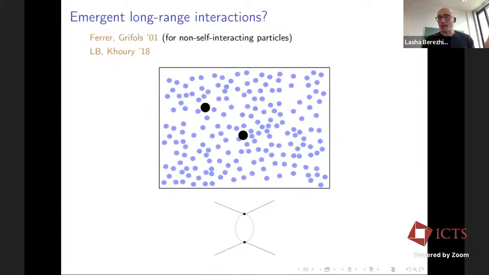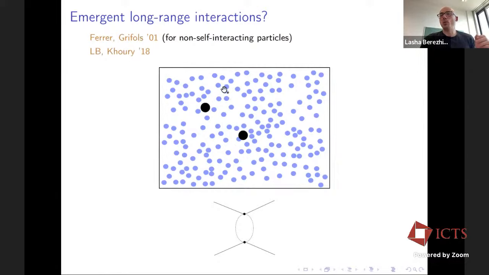Now, you could ask, what if emergent long-range interactions don't even make sense altogether, right? But the point is that actually you can find a very nice example where it works. And this is it. So consider a theory of two particles, these blue dots and the black dots.